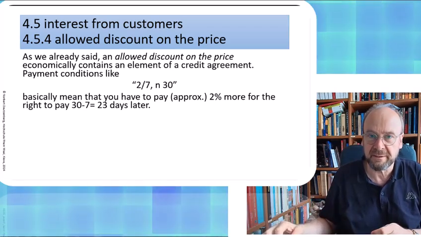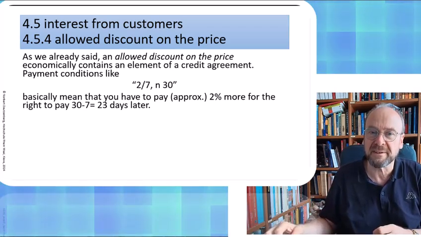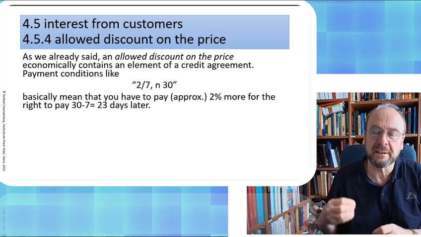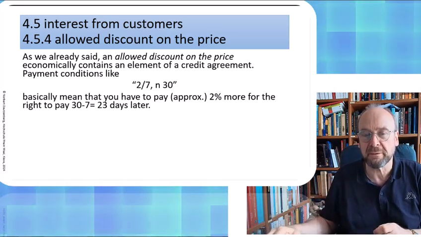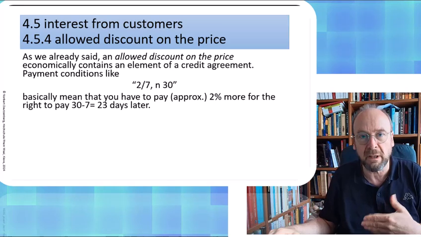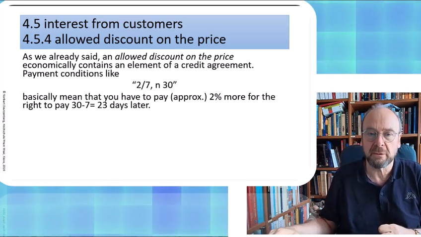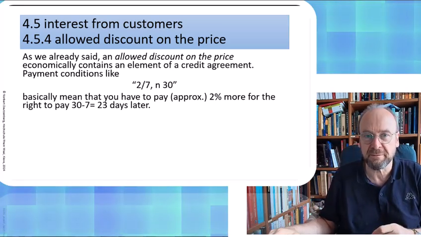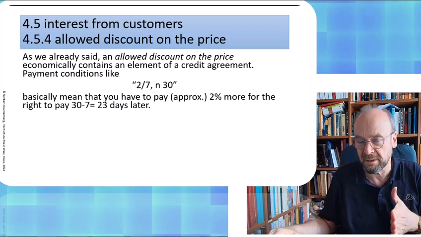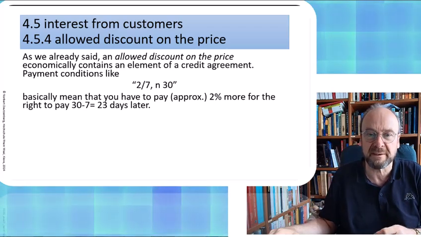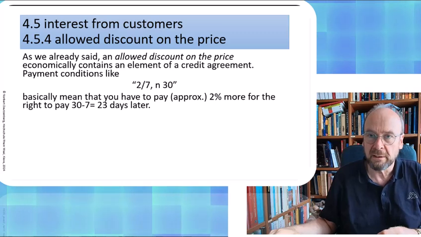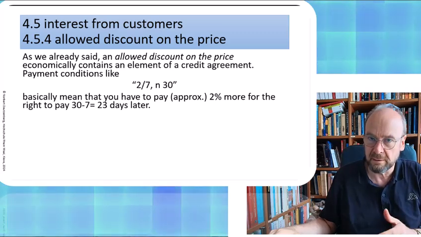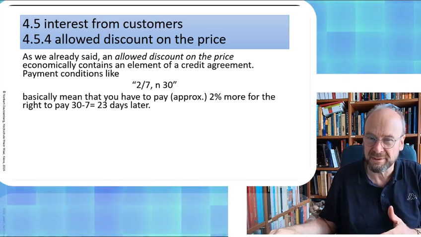Then basically that means you have to pay approximately 2% more for the right to delay your payment 23 days in my concrete example, because 98% of the price you have to pay if you pay within 7 days, and you have to pay the full price, so 2% more, within 30 days. That means 2% on the full price for 23 days.